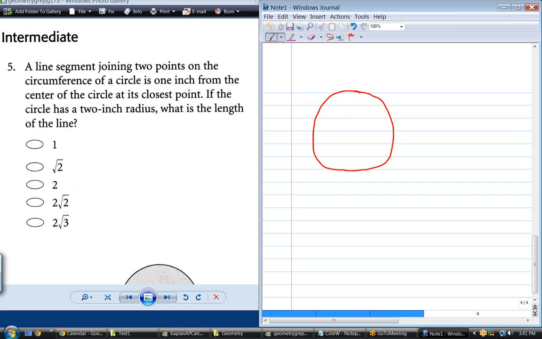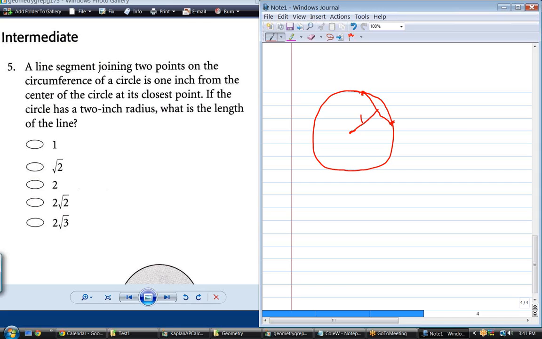They're saying that a line segment joining 2 points on the circumference, well, let's put 2 points like that, and there's the line segment joining them, is 1 inch from the center of the circle at its closest point. Therefore, that is 1. That's what that first sentence translates to.